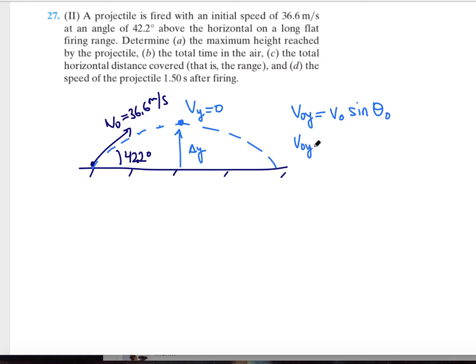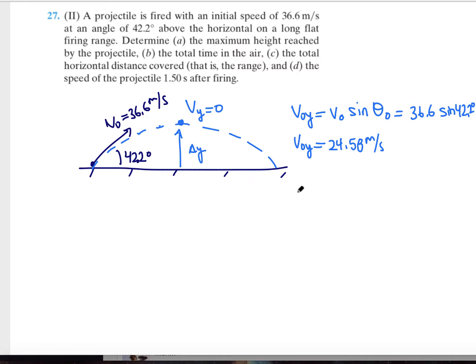So V naught y in this case is going to be 36.6 times the sine of 42.2. So V naught y for me will be 24. I'm going to go ahead and keep it all the way to 24.58. So this is my initial velocity in the y direction.